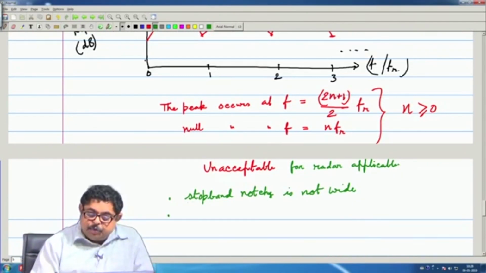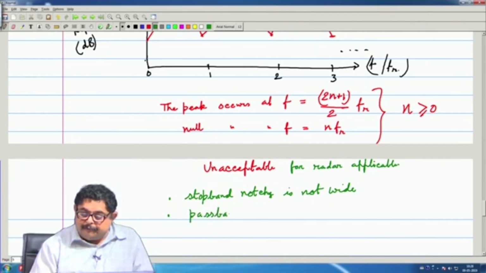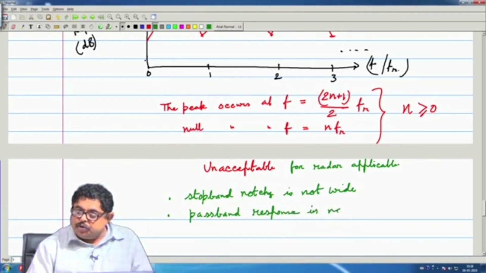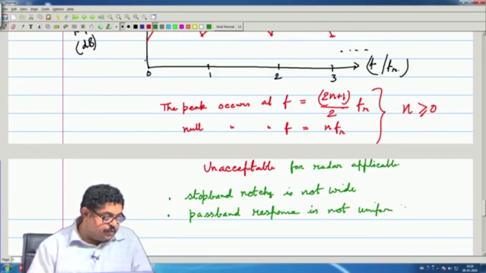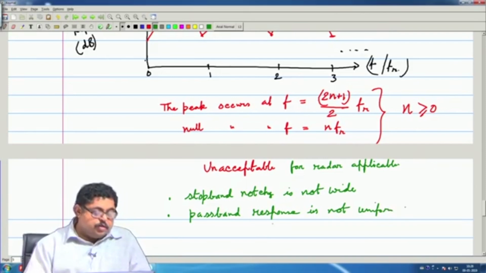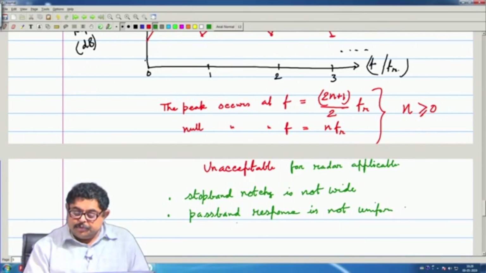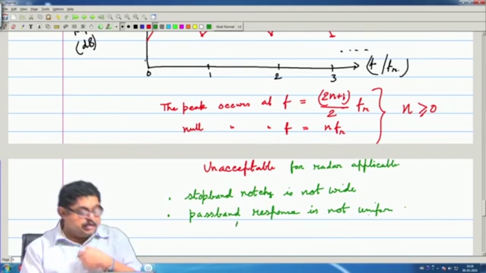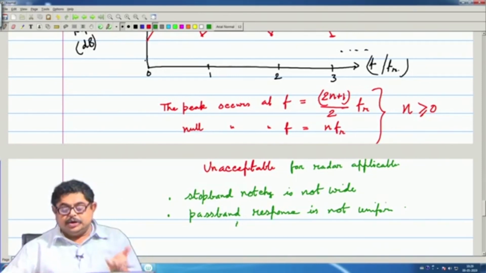And the second point is that the pass band response is not uniform. So, due to this the targets will get non-uniformly attenuated.